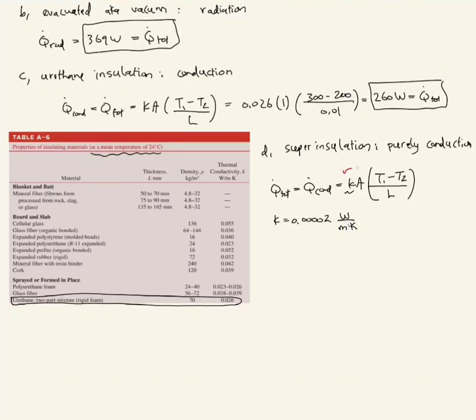So we know K, we know A, we know T1, T2, and L. Just plug in the values and we get the total rate of heat transfer for superinsulation, which is simply 0.2 watt.